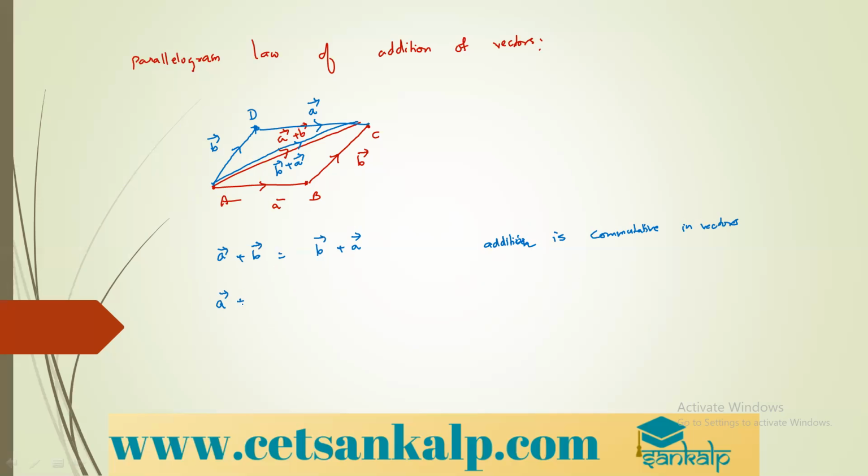Similarly, addition is associative also. Vector A plus vector B plus vector C is the same as vector A plus vector B plus C. That means addition is associative in vectors. Then in vectors, there is an additive identity. That is, the zero vector is the additive identity, like in numbers.